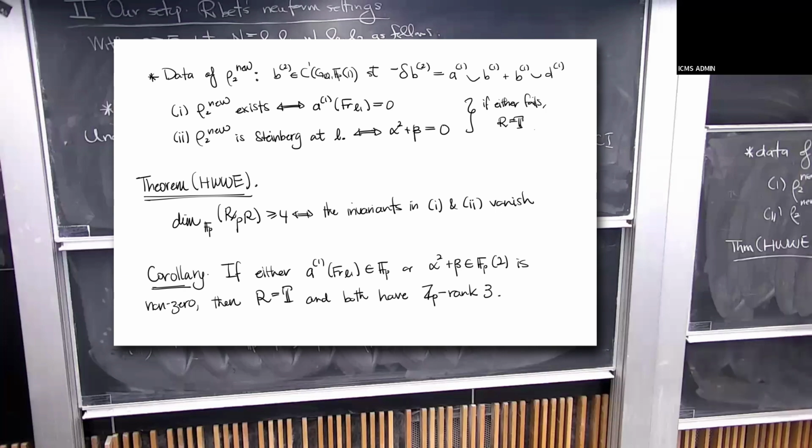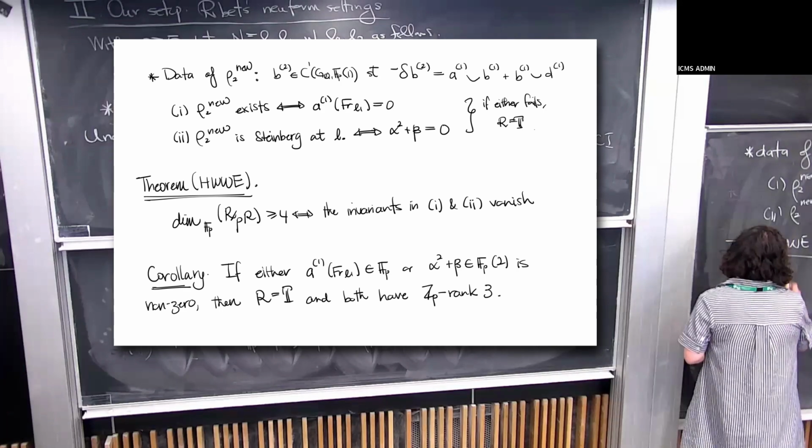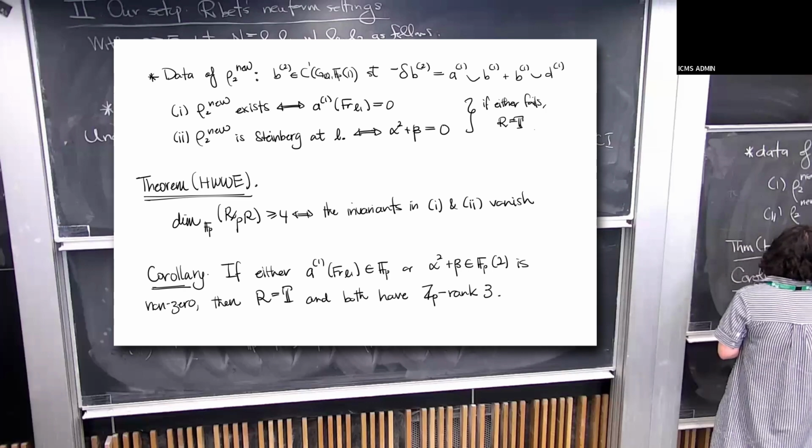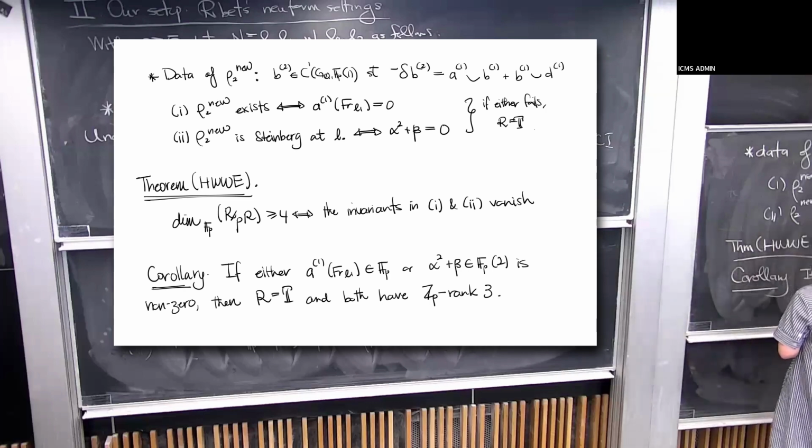And then as I said, we get this corollary that if either invariant does not vanish, then we conclude that R is equal to T, and both have ZP rank 3.